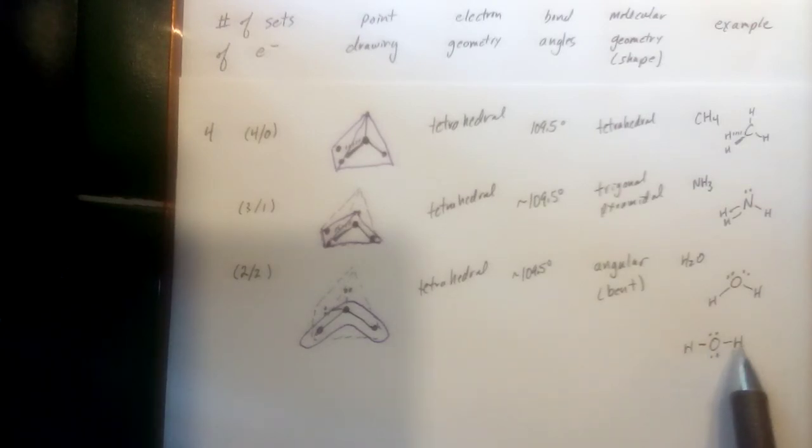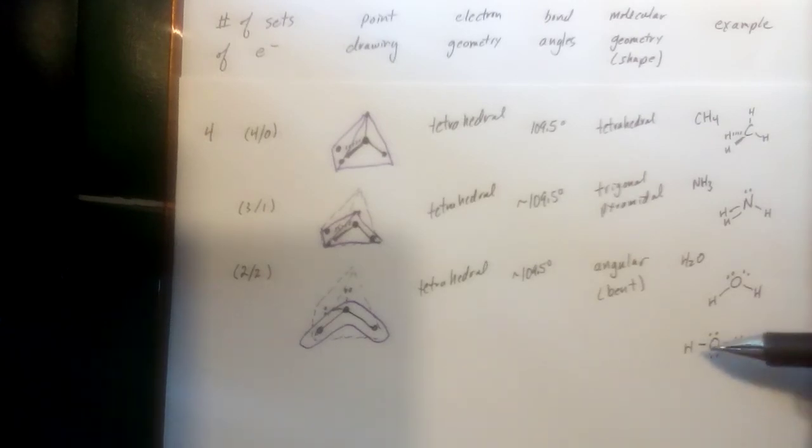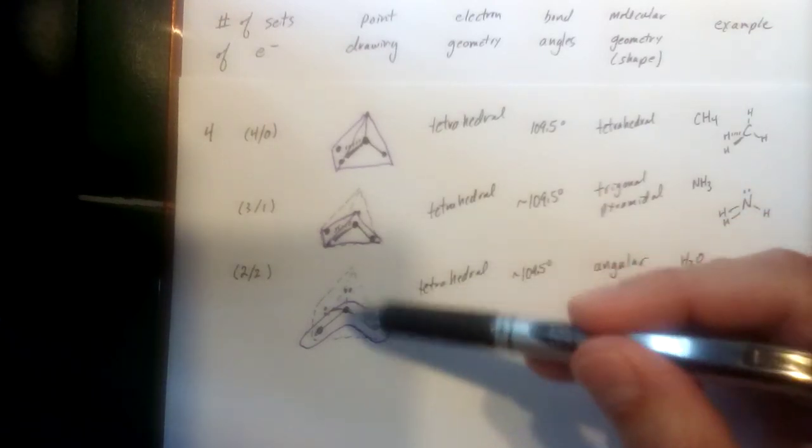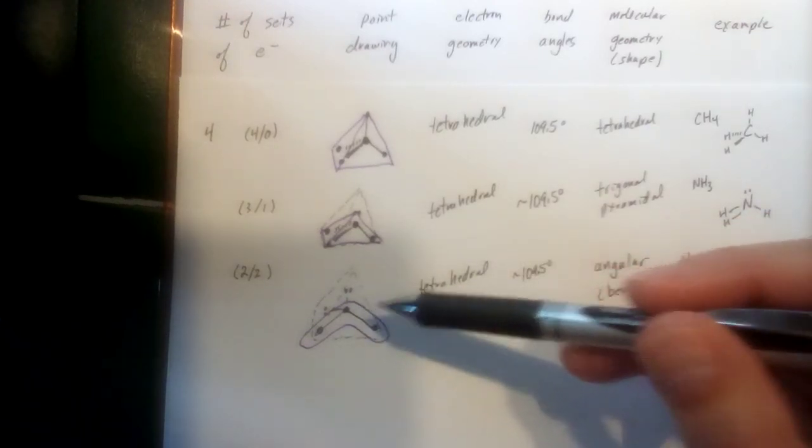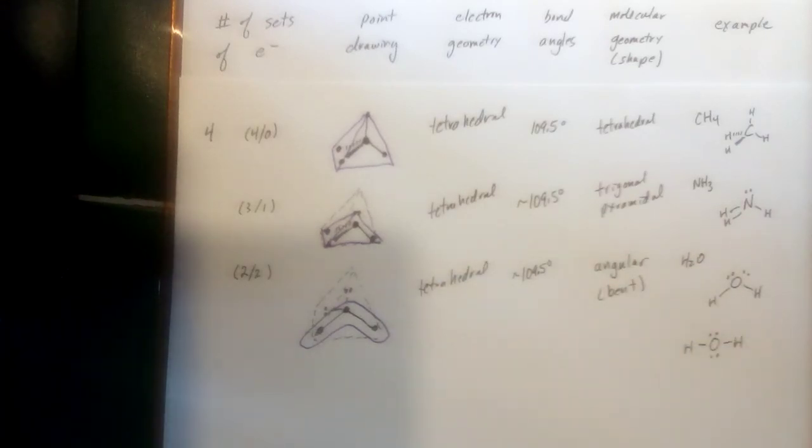But the important thing here is you should recognize that this isn't linear. Even though you drew or may have drawn the bonds as if they're 180 degrees, you should be able to look at this and go 1, 2, 3, 4. Right? Everybody, I'm pretty sure, can count up to 4. You should recognize that's 4 sets of electrons. That is not going to be linear. That is going to look like this structure back here, because those electrons will have an effect. Each set of electrons will have an effect on the other sets. Okay? Keep that in mind as we're going through.